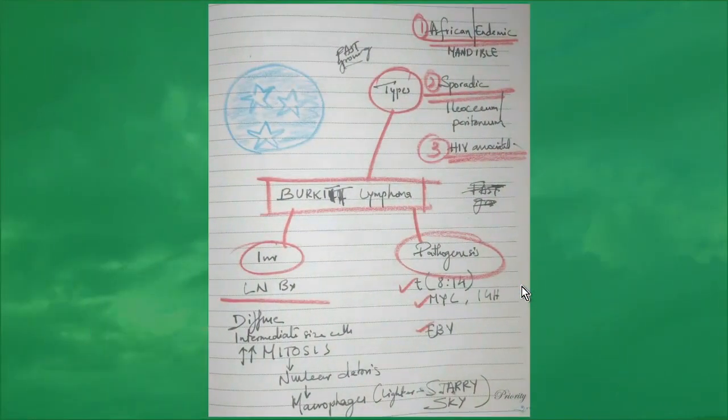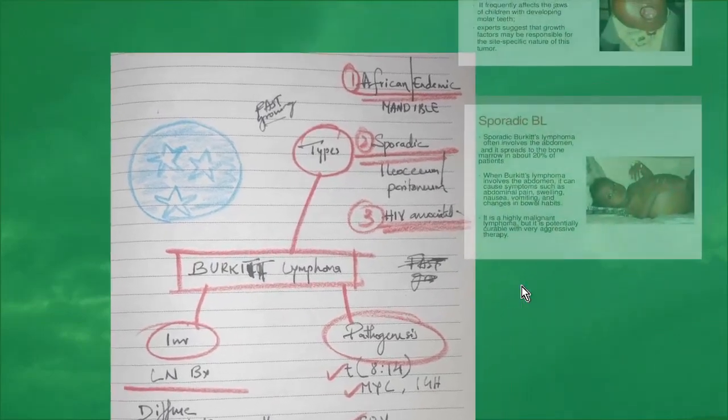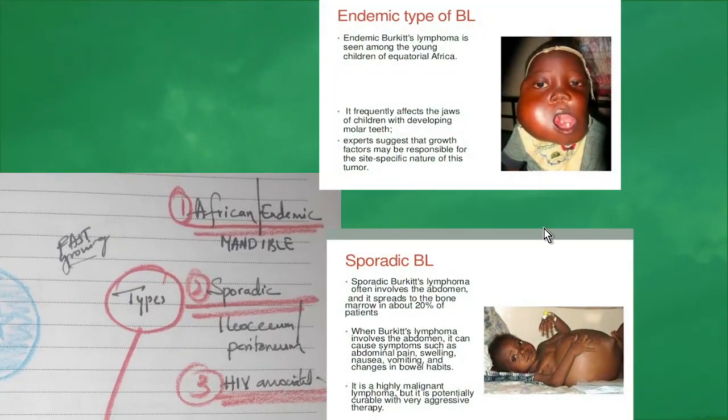Okay, Burkitt's. Burkitt lymphoma is probably the fastest growing lymphoma out there. It is of different types. An African or endemic type, which is related to EBV infections. And clinically, this is a classical presentation.